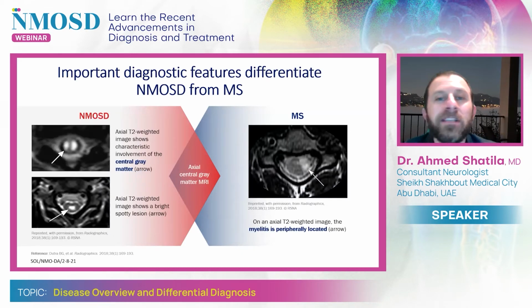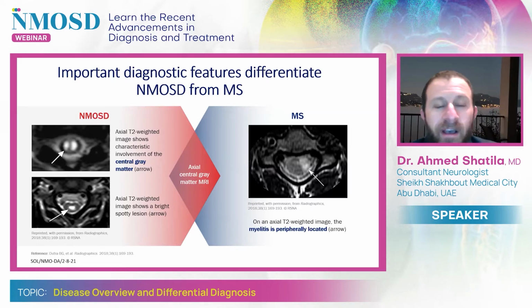When we look at axial sections of imaging in NMO, like I said, it's more centrally mediated. It also tends to include the gray matter. Actually just yesterday I saw a patient with NMO, and it was interesting that her gray matter was much more affected than her white matter, and you could almost trace the dorsal columns.